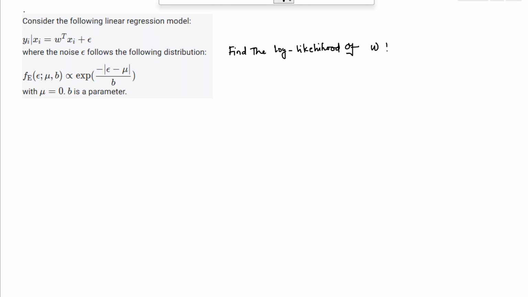So we can say that epsilon, the error, follows Laplace with parameters mu and b. It is also given that mu is equal to 0, so we can write Laplace(0, b).